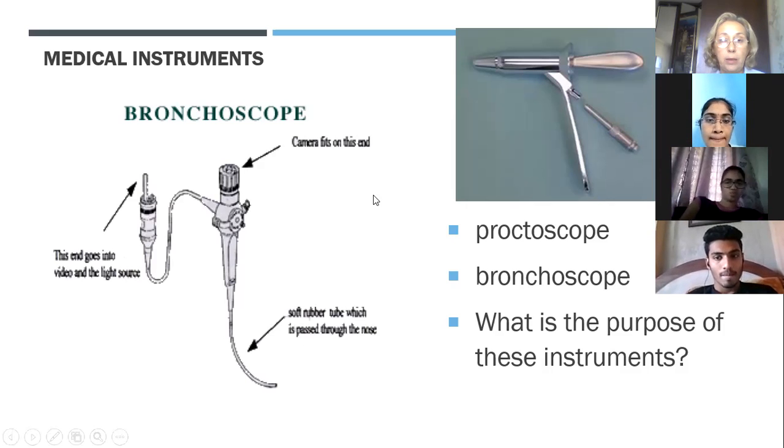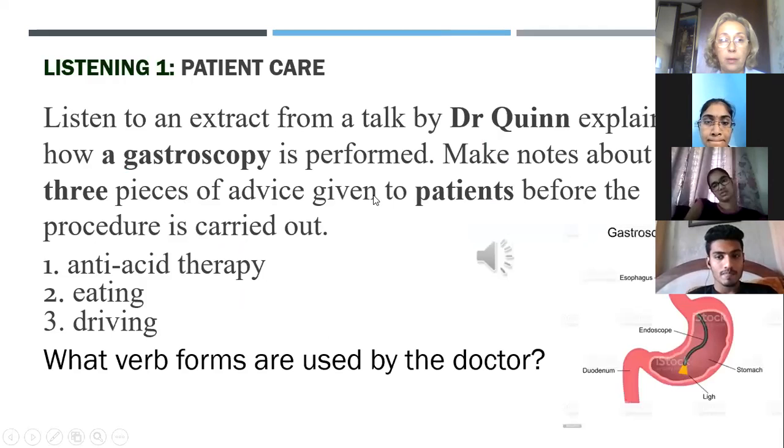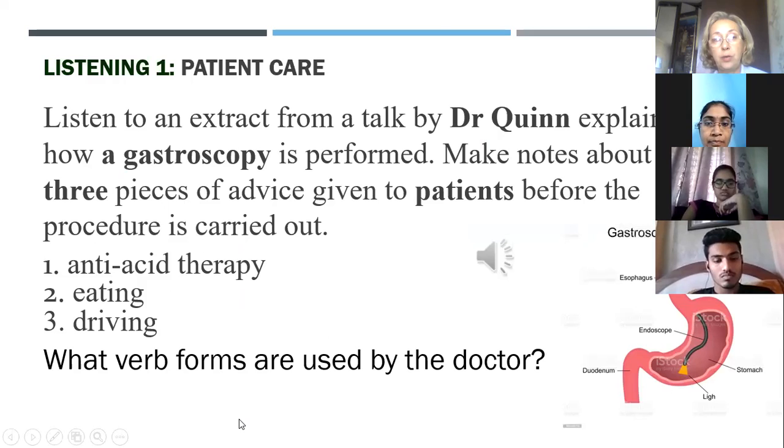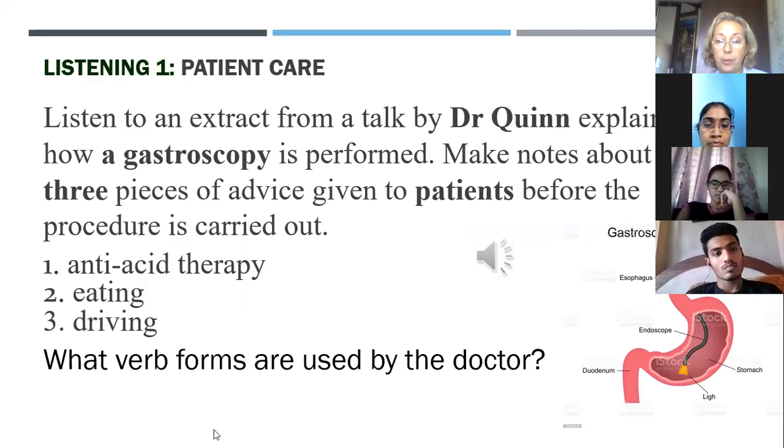Well, and now we are going to listen to some information. We're going to listen to an extract from a talk by Dr. Quinn. He's explaining how a gastroscopy is performed. And here there is the diagram that shows the purpose of this procedure.